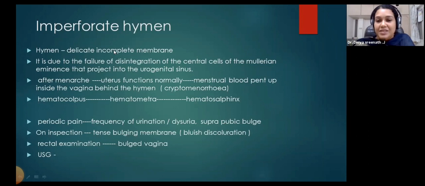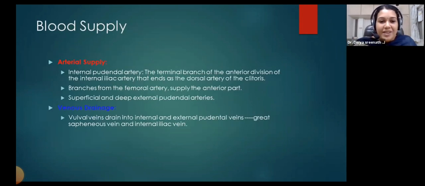During a per rectal, we can feel the bulging of the vagina, and the main thing is we have to do a cruciate incision, a cross-like incision on the closed vaginal membrane, to drain the menstrual fluid and debris. At that time PV is contraindicated because there is an increased chance of infection. Per rectal examination and ultrasonography also help to identify the condition.